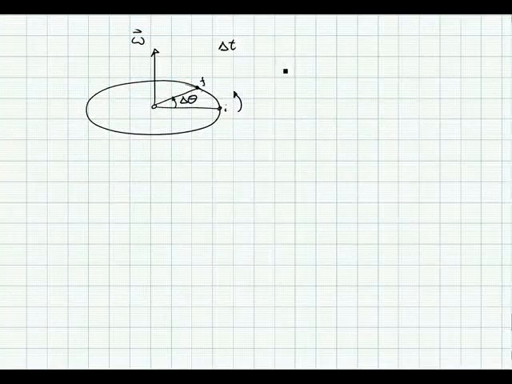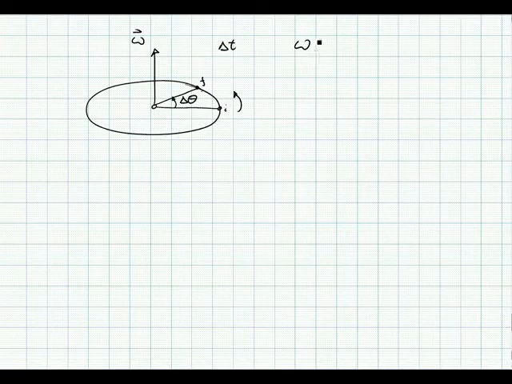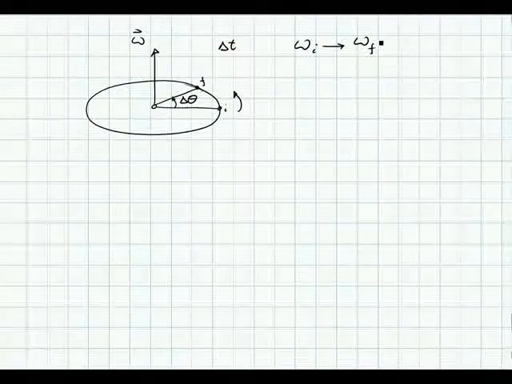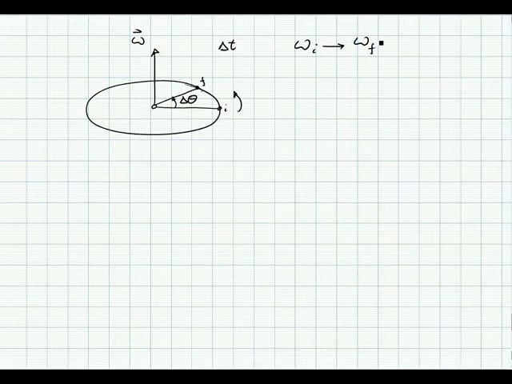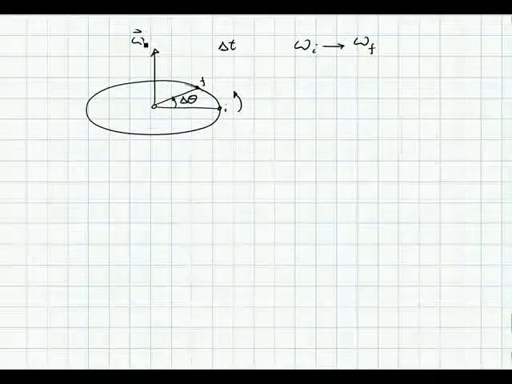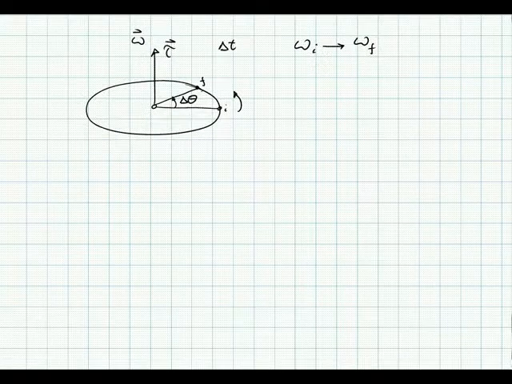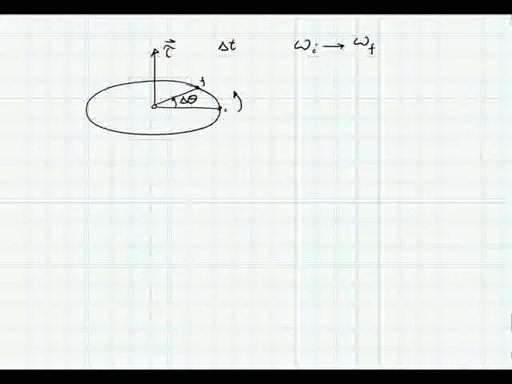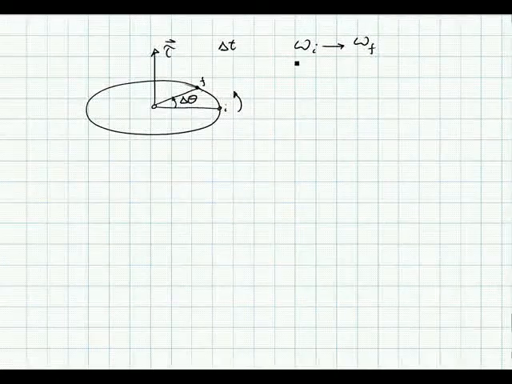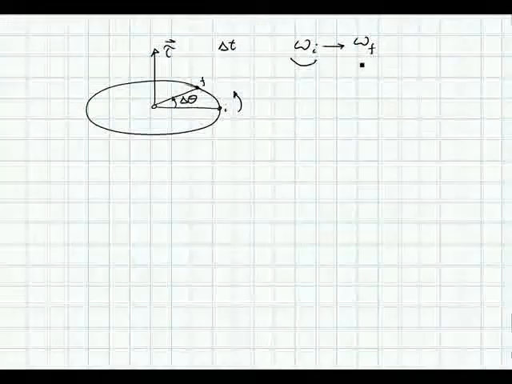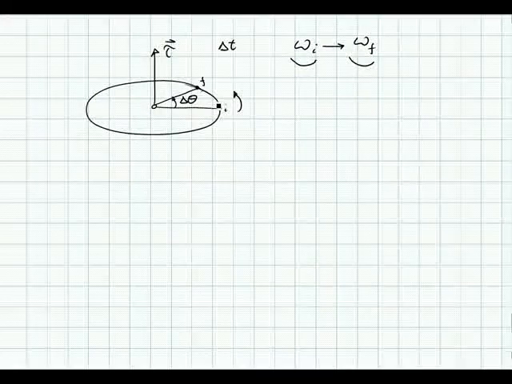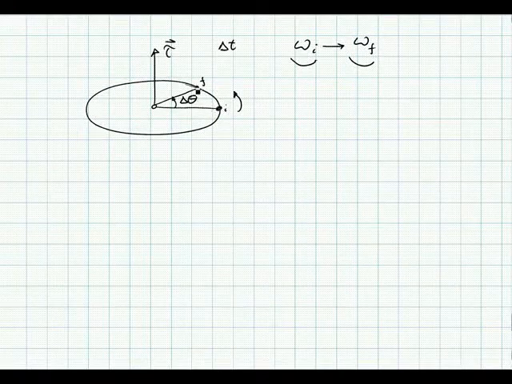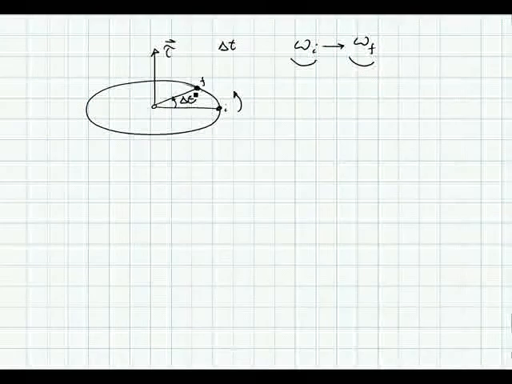And let's say that over this period the angular velocity goes from initial angular velocity to some final angular velocity. So there's a net torque acting on our disk. Due to that net torque, the angular velocity of the disk goes from some initial value to some final value, and any position on the disk undergoes an angular displacement of delta theta.